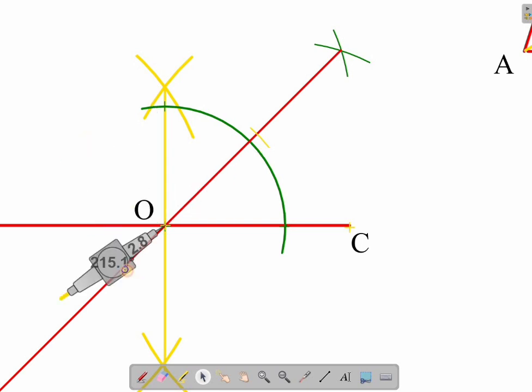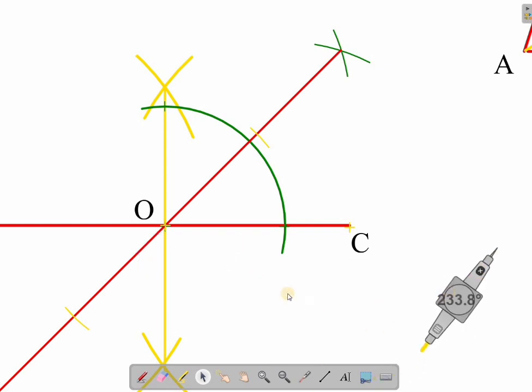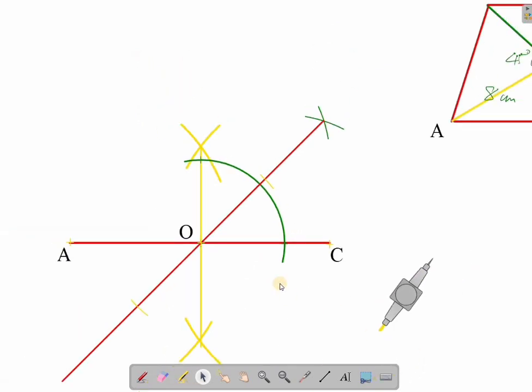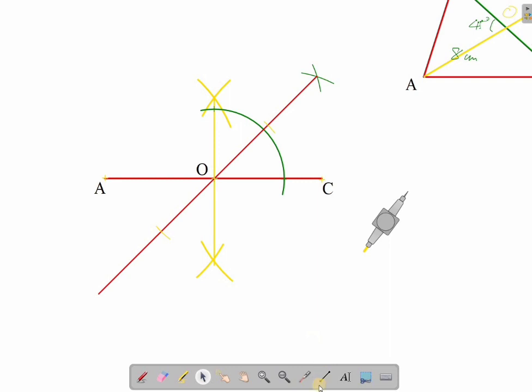Here also and the other side also you have to do the same. Now join, that's all, we are done. So we will now join this point.